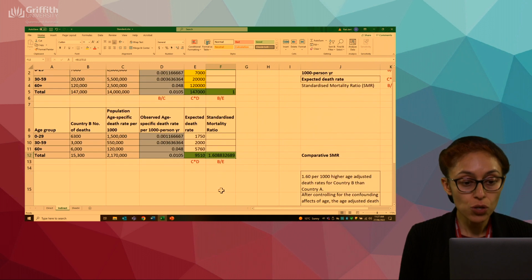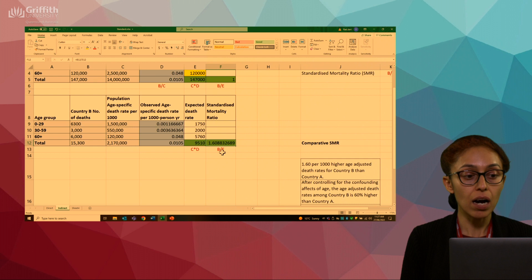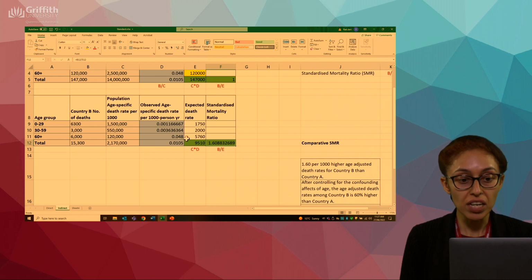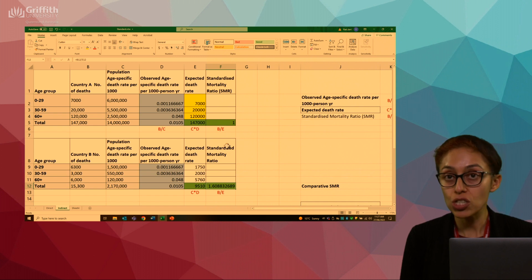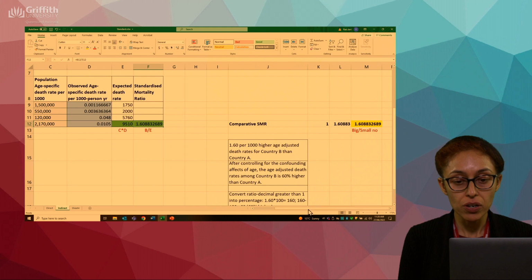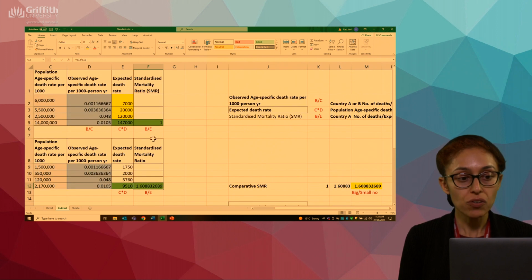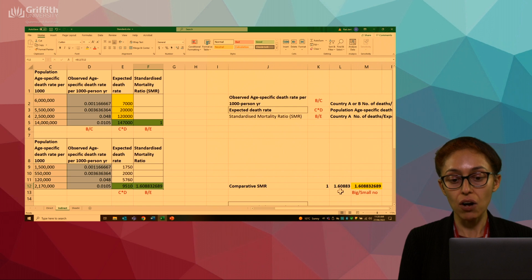Again, you have your age adjusted mortality rate is higher for country B, 1.608, compared to country A, which is 1. And for those who are interested, if you divide your standardized mortality ratio, so you have 1.16 divided by 1, this is the answer which you get.